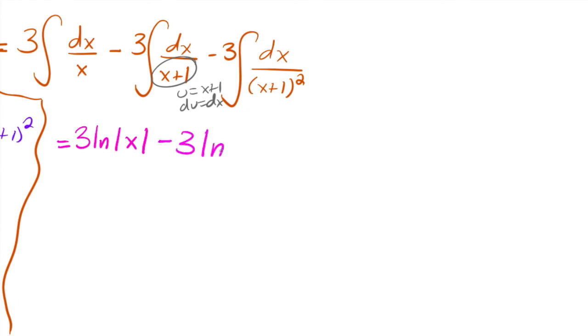So this is just negative 3 natural log of x plus 1. Okay, now this one, same kind of thing. You let u equal x plus 1, du equal dx. I'm writing this out quickly, but you really don't need to do the substitution explicitly when it's relatively simple.